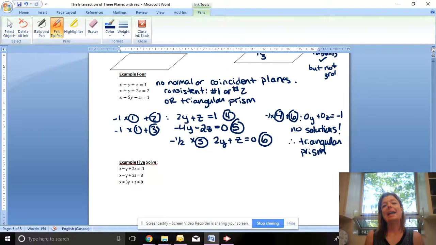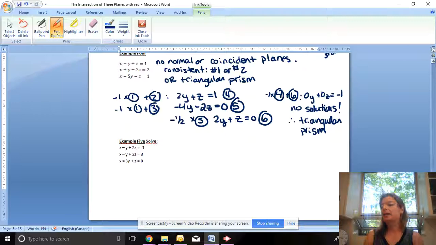If the snag is that you get 0 plus 0 equals 0, then that means there are infinite solutions, which means it's a line of intersection, and you can find it as we did in example 2. If you get the case where you have 0 plus 0 equals a number, that is an inconsistent system because there are no solutions, and you can conclude that they're a triangular prism. So if there's no parallel or coincident planes, those are your three options for solving.